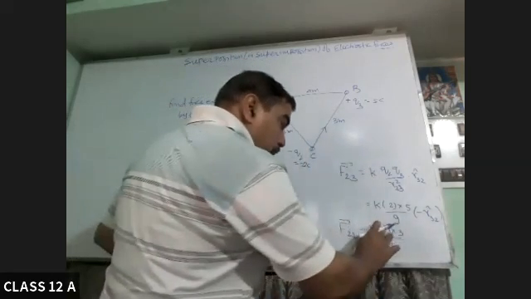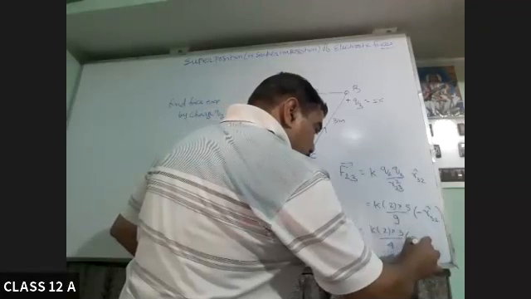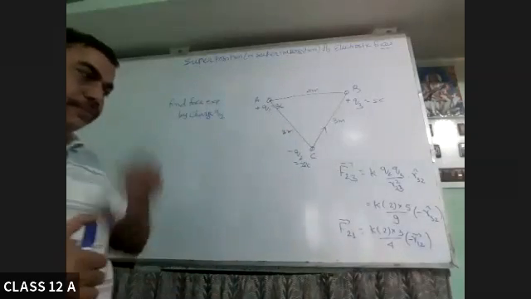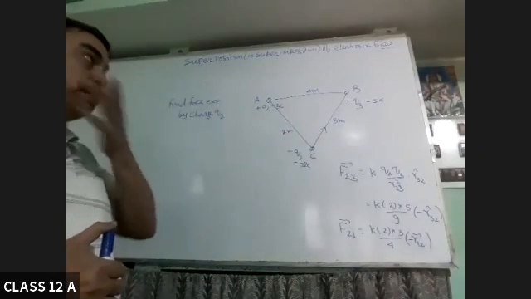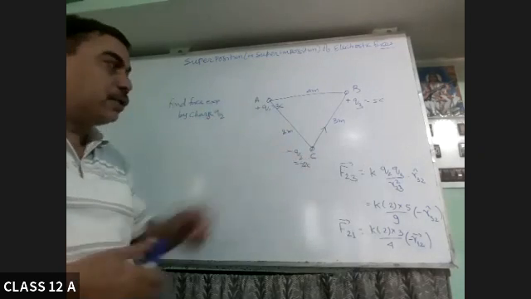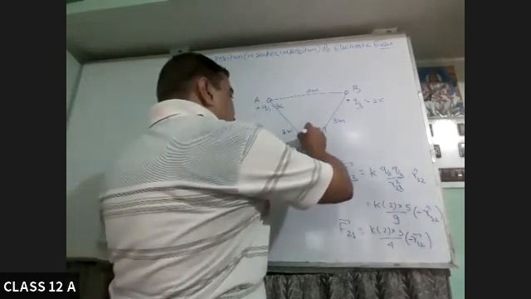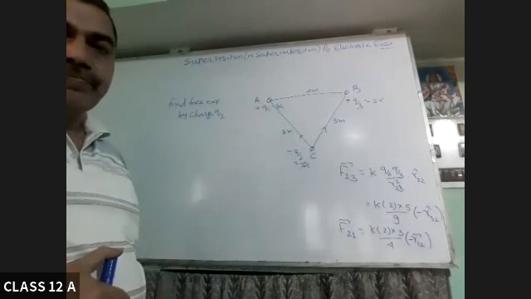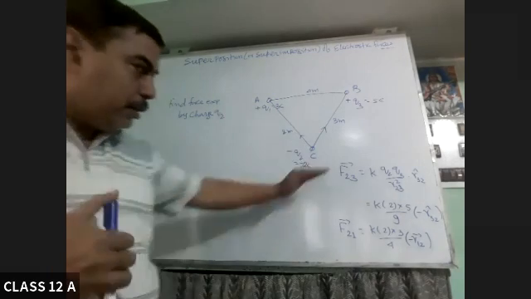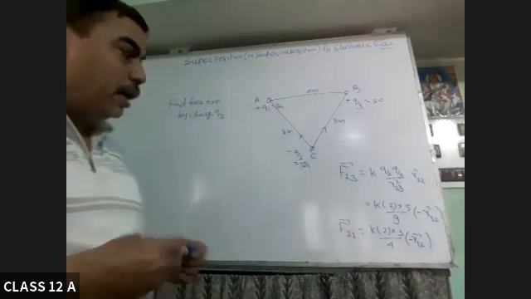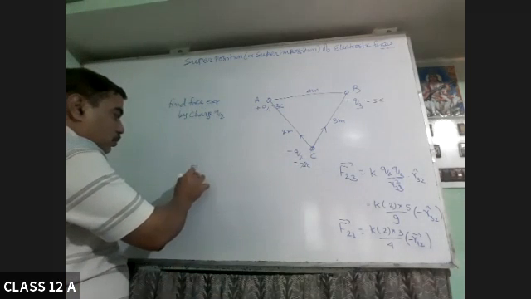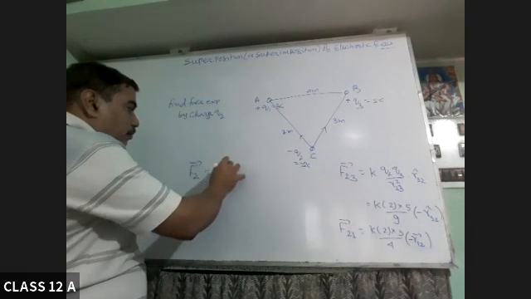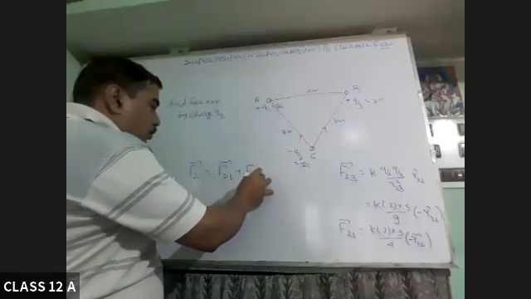If you are removing the minus from here, then it is R12 with a negative sign. R12 is this, minus of that is this direction. So this one is experiencing a force of attraction. So we will find these two forces, and the force experienced by this general will be F21 plus F23.